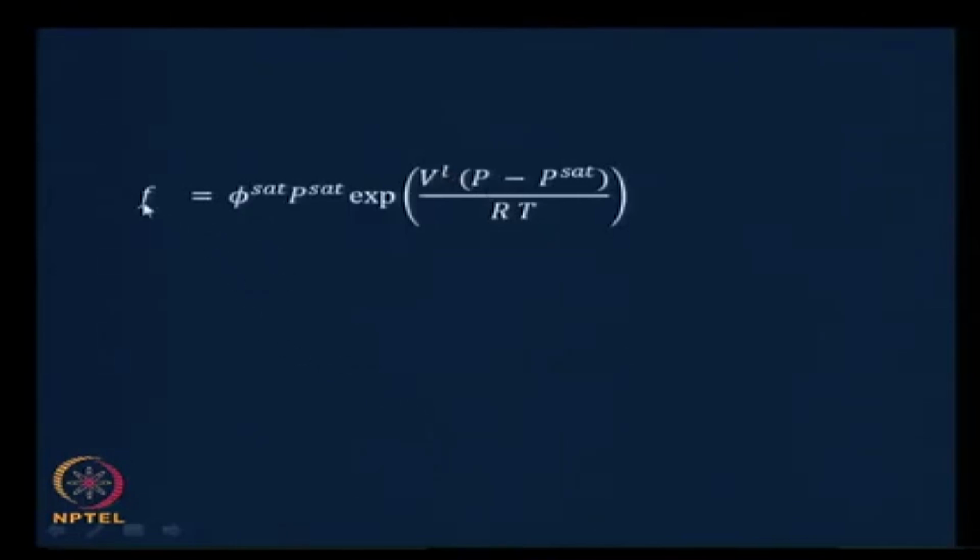Now F by F sat was exponential of VL (P minus P sat) by RT, therefore F equals F sat exponential of VL (P minus P sat) by RT. You have just replaced F sat by phi sat P sat. Let us call this equation 534.